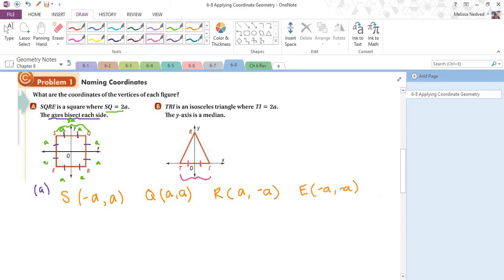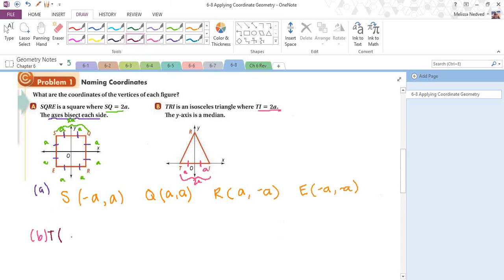Now, what else do we know? Well, we're told up here that TI is a length of 2A. So just like we did with the square, if that whole length is 2A, and it's being cut in half, each of those halves has to be A. And notice it's along the x-axis, so the y value for points T and I is going to be 0. We have not left the x-axis.